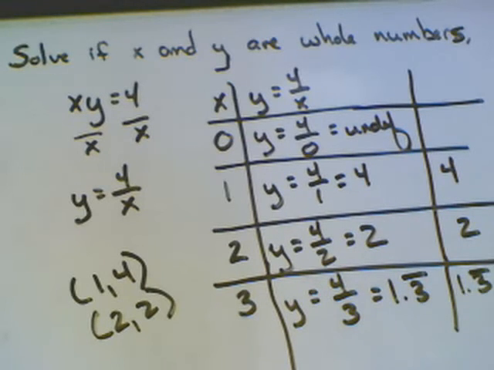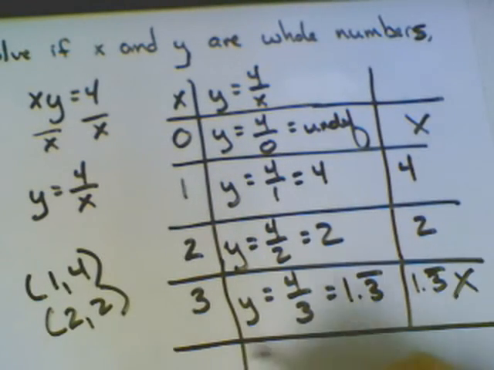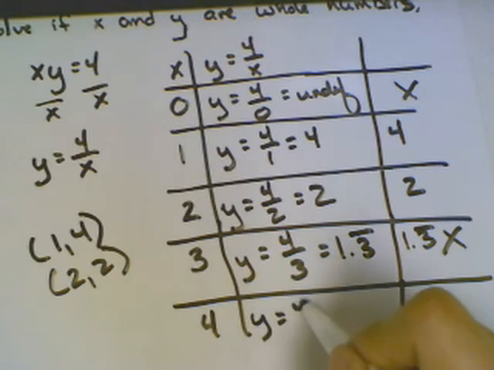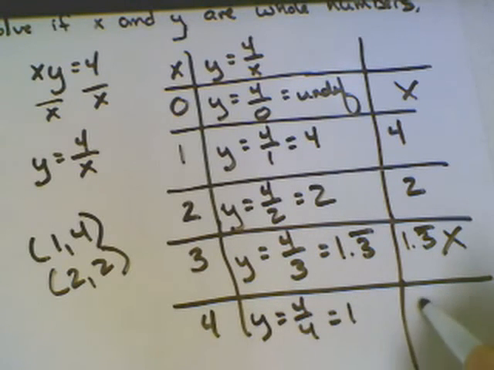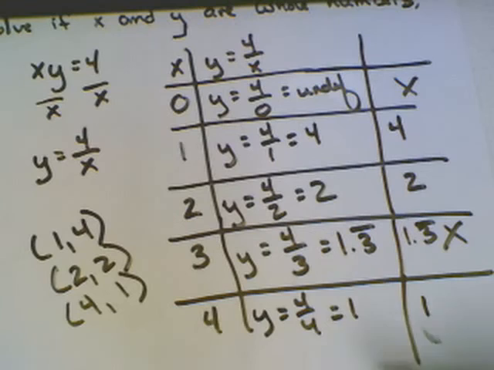That is not a whole number, so that is not a solution. When I plug 4 in for x, y is going to be 4 divided by 4, which is 1. 4 and 1 are both whole numbers, so this is another ordered pair that is a solution.